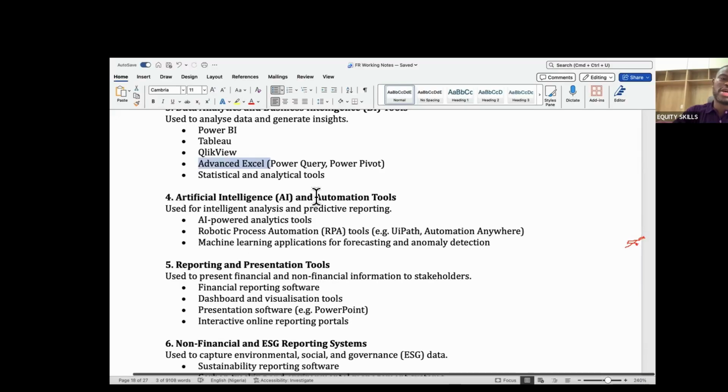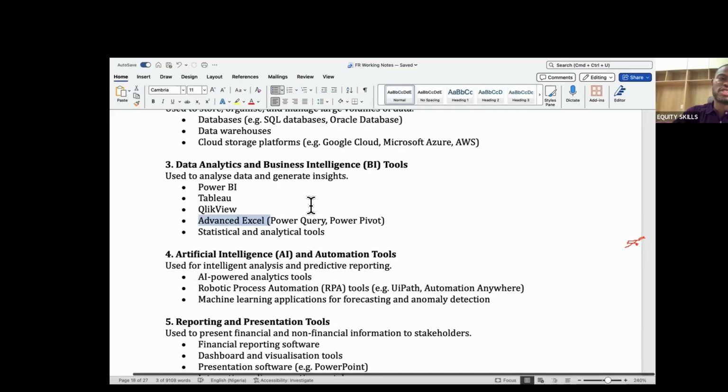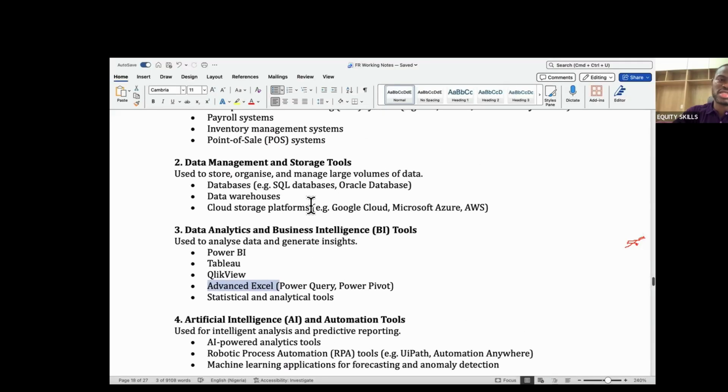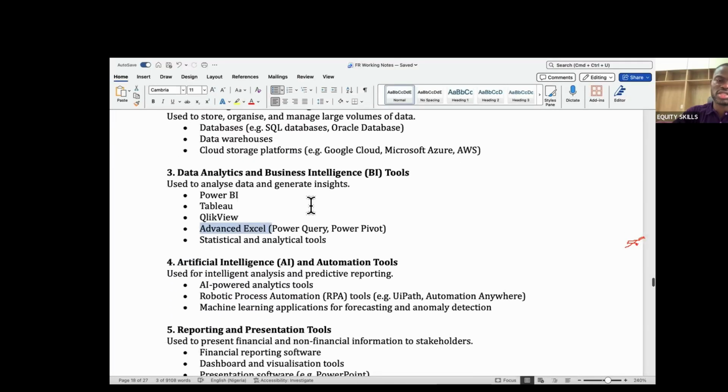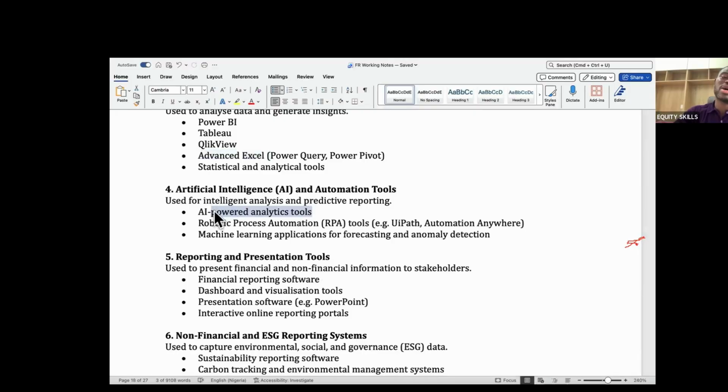There are also AI, artificial intelligence and automation tools, in the sense that most of these tools for data analytics, data management, transaction processing are mostly AI powered. They are machine learning applications. Most of them have integrated artificial intelligence.